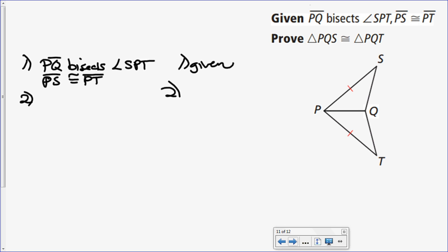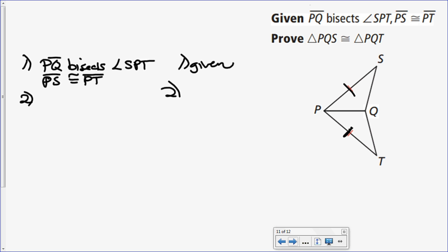So it's crucial that you write your givens down, but it's also crucial that you make your marks. Okay? So when they say that segment PT and segment PS are congruent, they gave you the marks. They also told us that segment PQ bisects angle SPT.